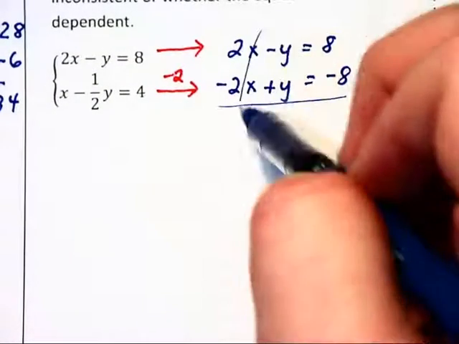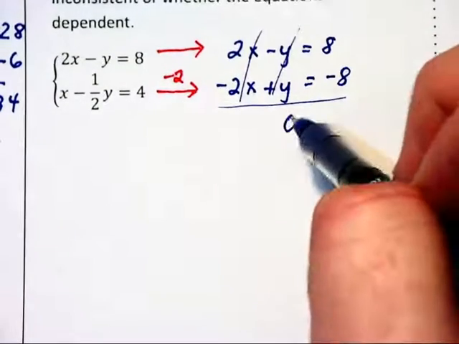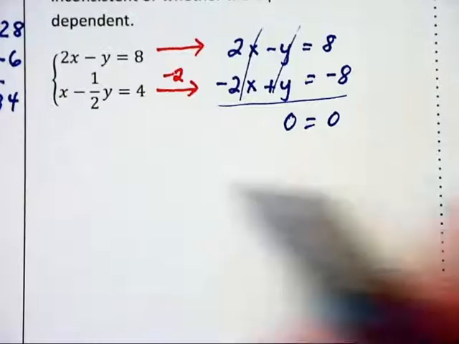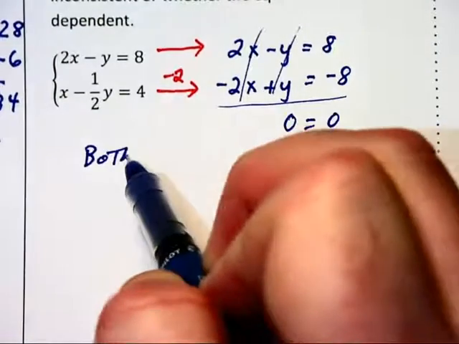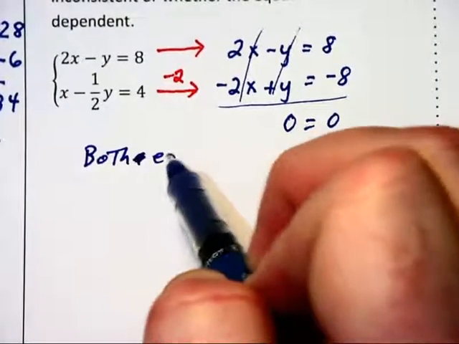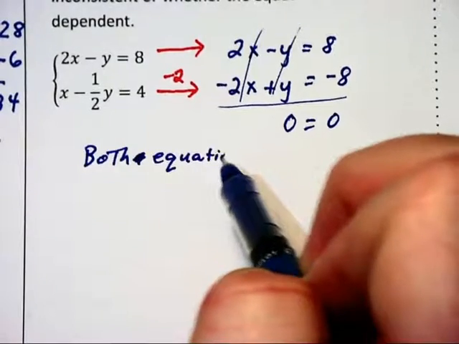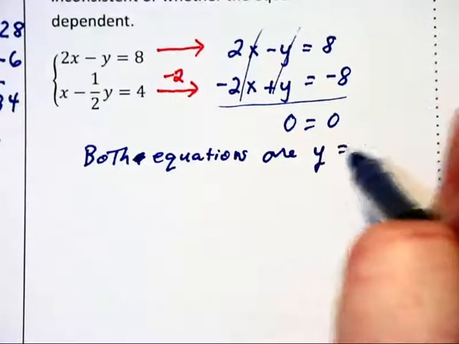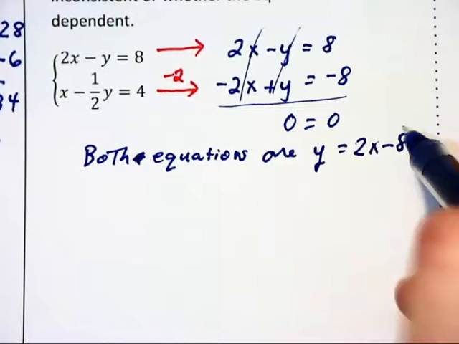And again, our variables are eliminating and we get 0 equals 0. This time we have a true statement, which basically means that both equations, if you look closely at them and you convert them, are y equals 2x minus 8.